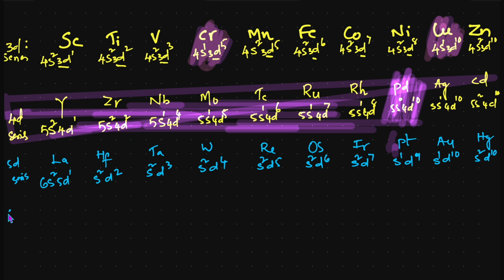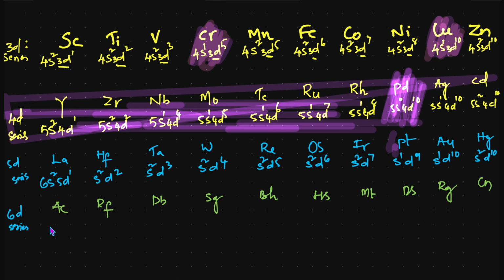Next we'll take the 6d series also. In the 6d series we have elements like actinium, rutherfordium, dubnium, seaborgium, bohrium, hassium, meitnerium, darmstadtium, roentgenium, and Cn is the last element.